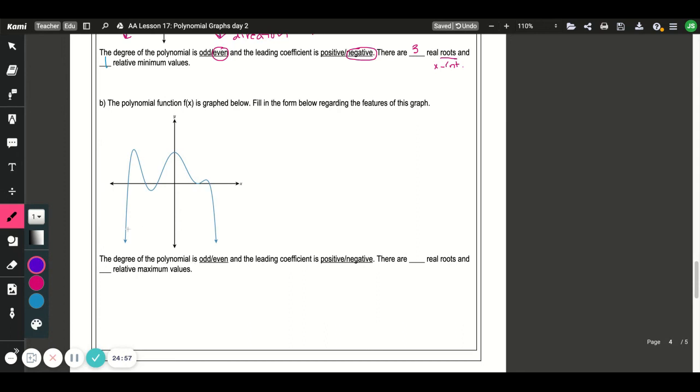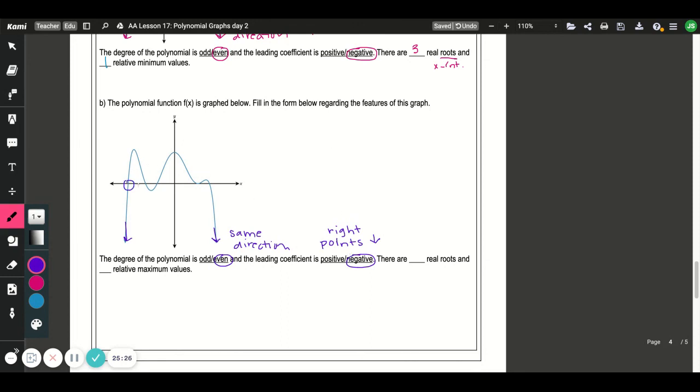So this polynomial, again, both ends, I chose another one where they both point down. So same direction. Means that it is even. And because the right side points down, it is negative. The leading coefficient is negative. How many roots are there?